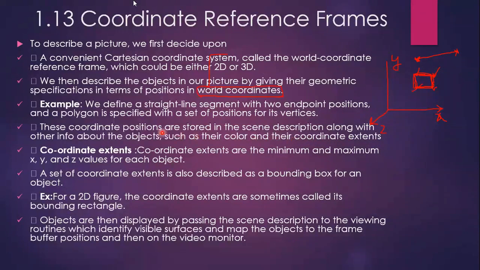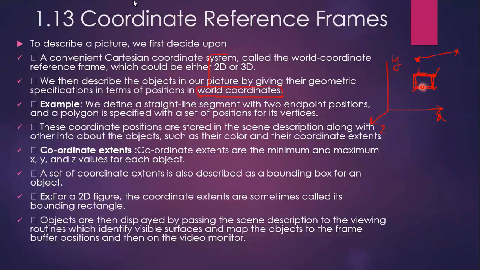So maybe you represent a point with x and y position. Where will this point's location be stored, in which component of your system? It will be stored in the frame buffer. In the frame buffer, the color information for a vertex and the coordinate extents will be stored, with x and y values.